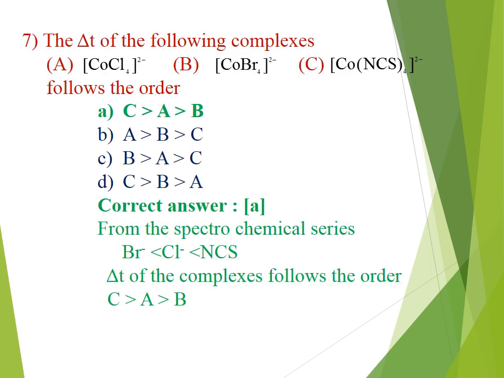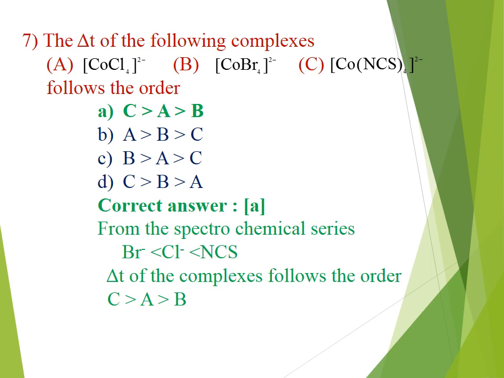7. The delta T of the complexes A [CoCl4]2-, B [CoBr4]2-, C [Co(NCS)4]2-.